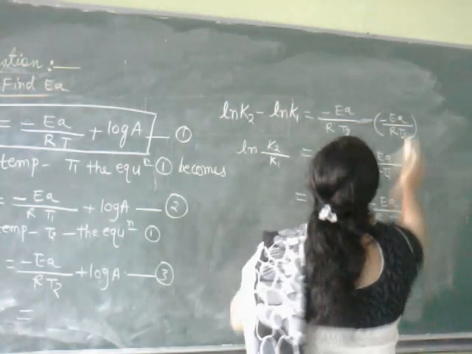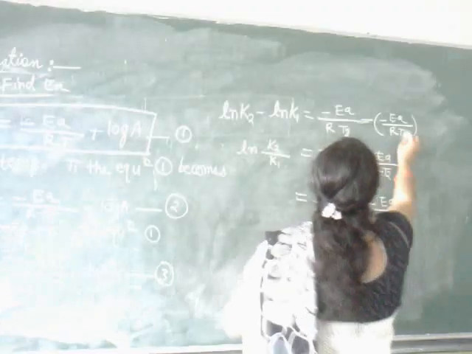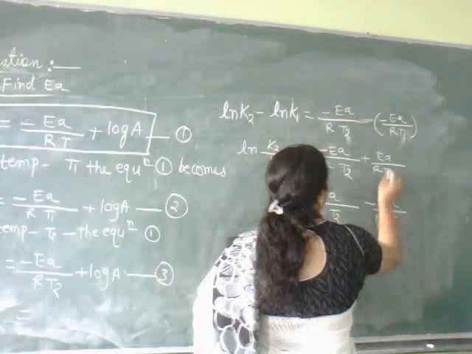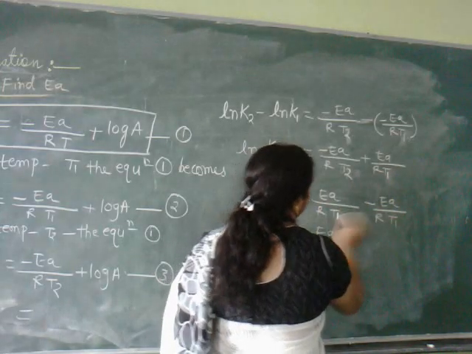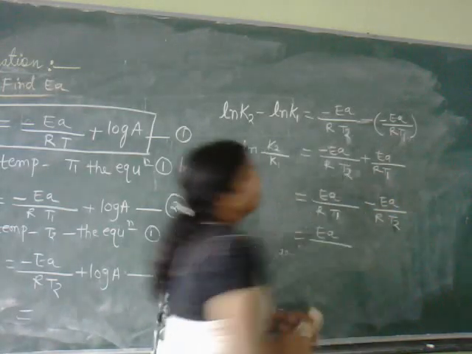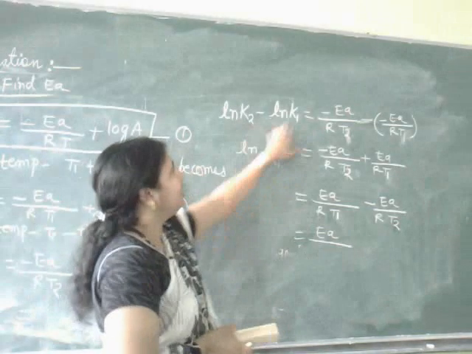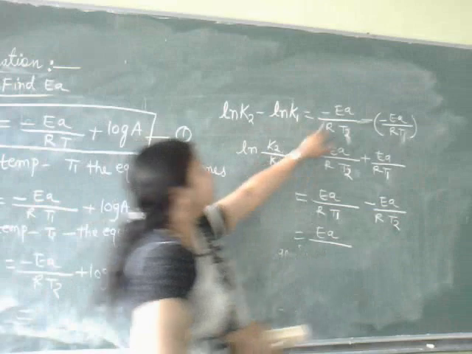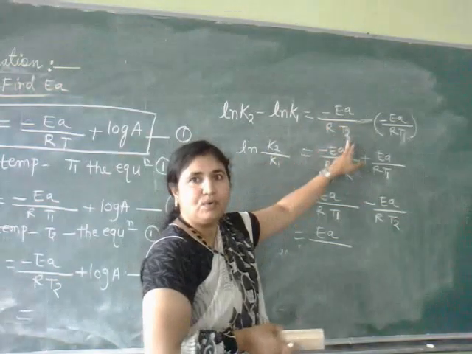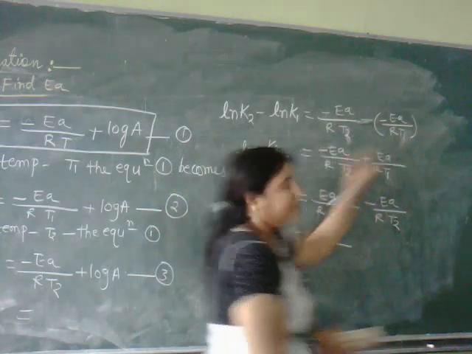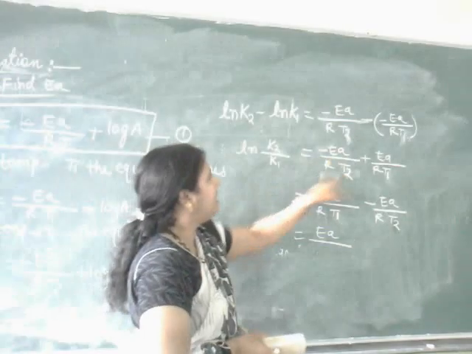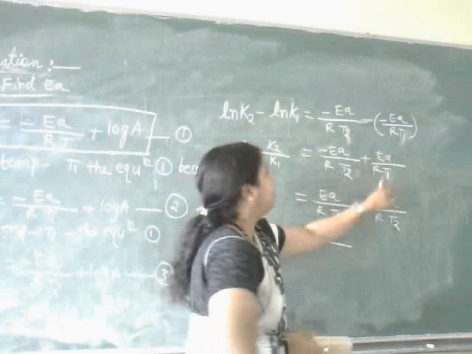Please see here: ln K2 minus ln K1, so it is Ea by RT2 minus Ea by RT1, then it is minus Ea by RT2 plus Ea by RT1. Minus becomes plus here.